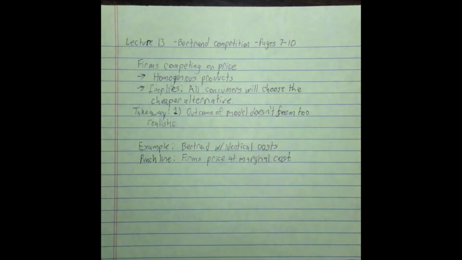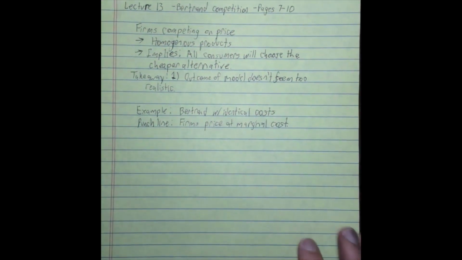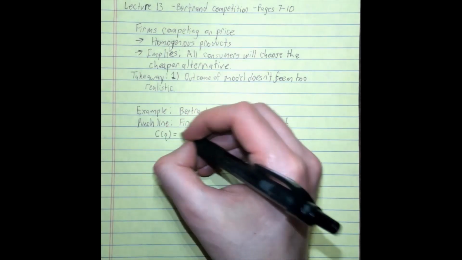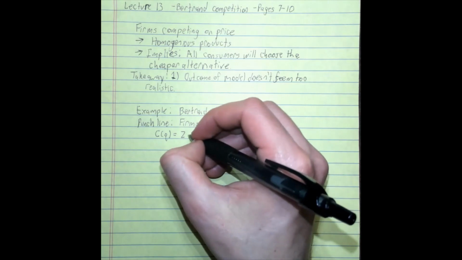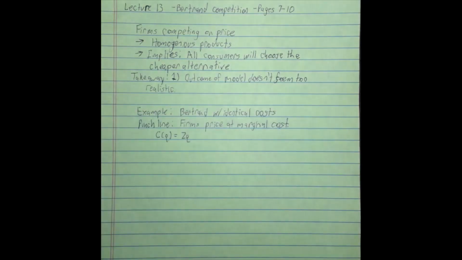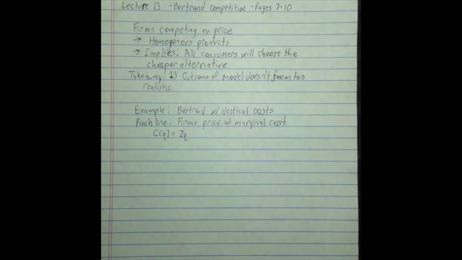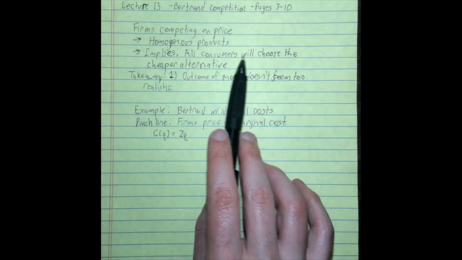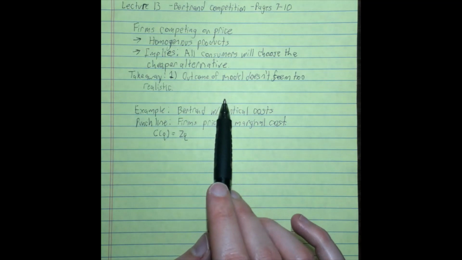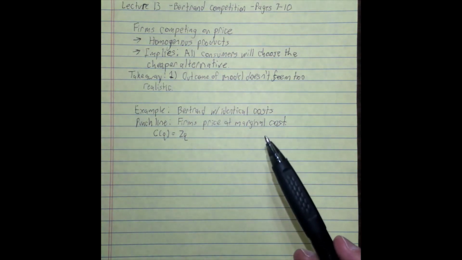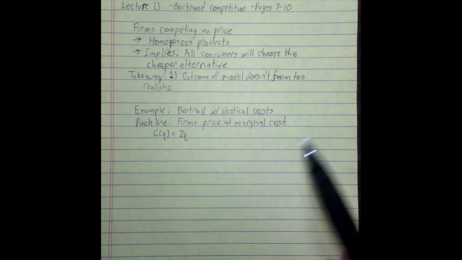Let's suppose that we have 2 firms, and for each firm, C of Q is equal to 2Q. The way demand works is that whichever firm is cheaper gets all the demand, and whichever firm is more expensive gets no demand. If the prices are the same, then they split the market.